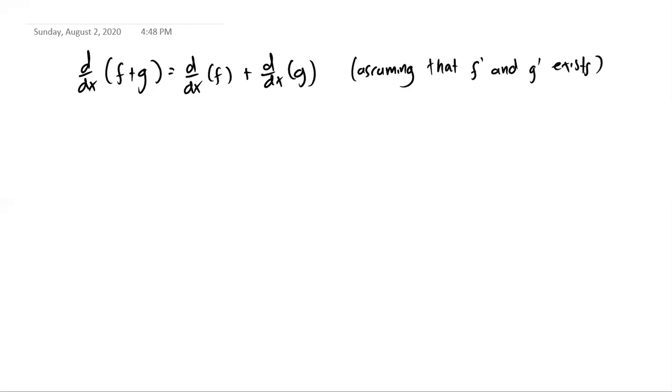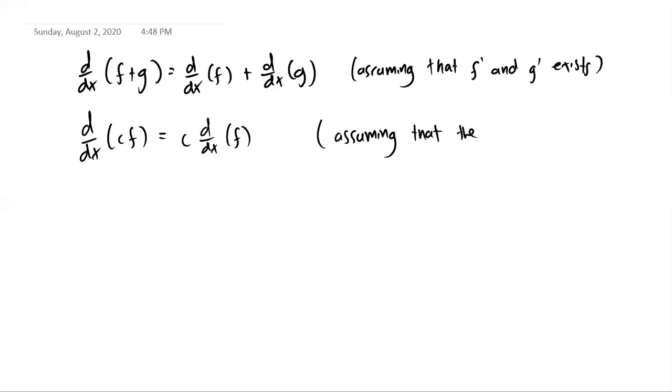And then similarly, the derivative of a constant times a function, you can move that constant outside, again assuming that f prime exists. Which implies that the derivative as a function is linear.